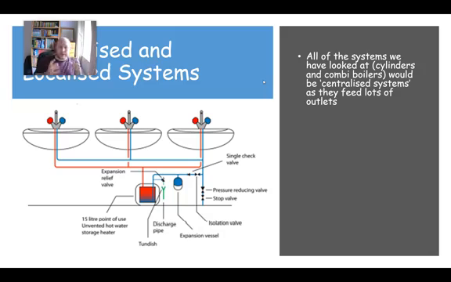But when we get to larger buildings, maybe offices, colleges, sometimes there's going to be a requirement for a localized hot water system, and there's a couple of reasons for that. Essentially, if you have a long dead leg, a long length of pipe without a return on it, there's some issues that will come with that.